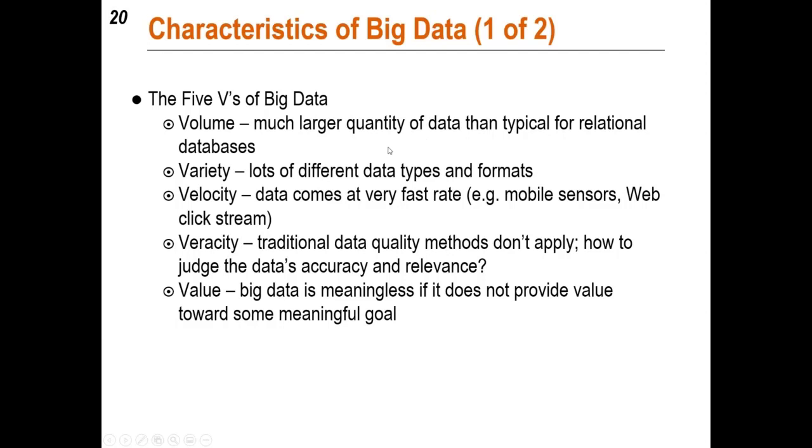Nowadays we are talking about data storage in exabyte terms, not even gigabytes, right? We have gigabytes, terabytes, exabytes. All these devices generate billions, millions of exabytes of data that we need to store and retrieve later. That is what we mean by volume.